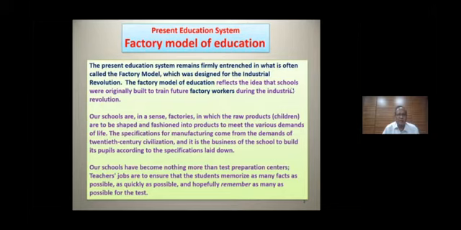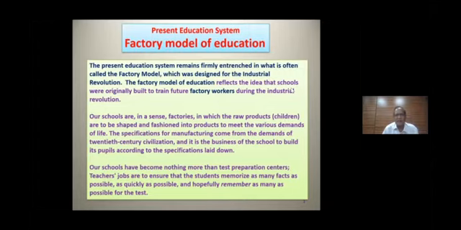Now, the present education system is called the factory model because everything is decided by a number of subjects, and students are given input from various subjects, and then they try to acquire a certain amount of skill and knowledge, and they leave the institution irrespective of the requirements or needs of the industries outside or the society.